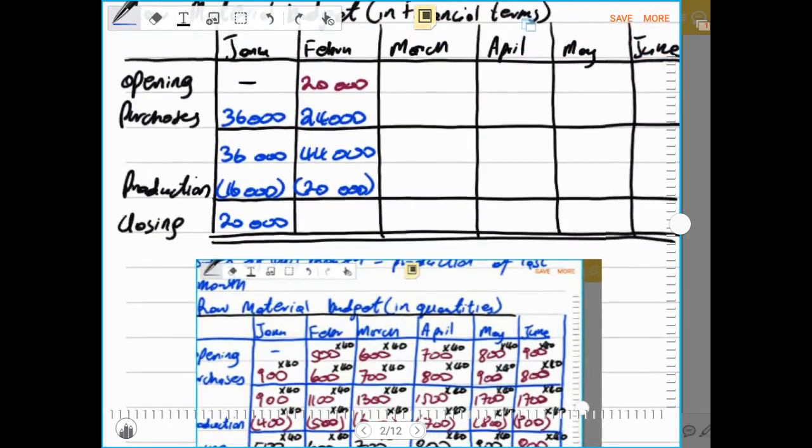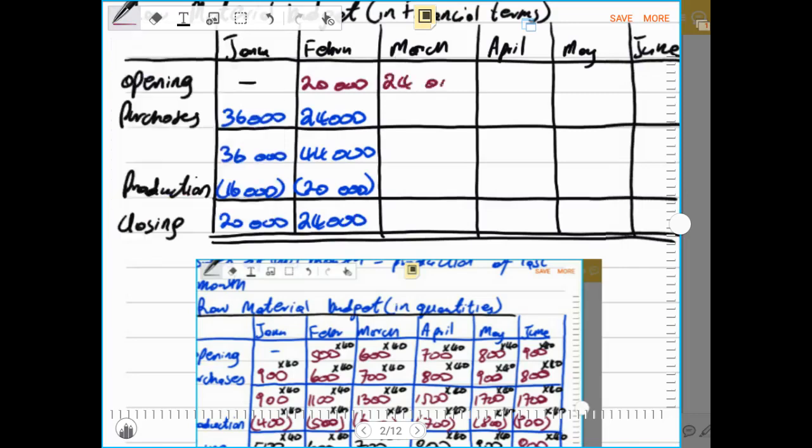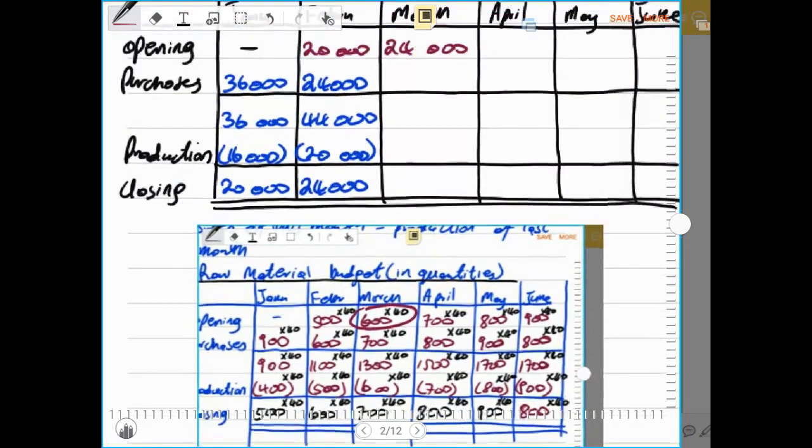So now we'll say 44,000 less 20,000. That will give us 24,000, and 24,000 will become an opening balance. That 24,000 could have been recorded as 6 times by 40, and 6 times by 40 will still give you the same opening balance of 24,000.